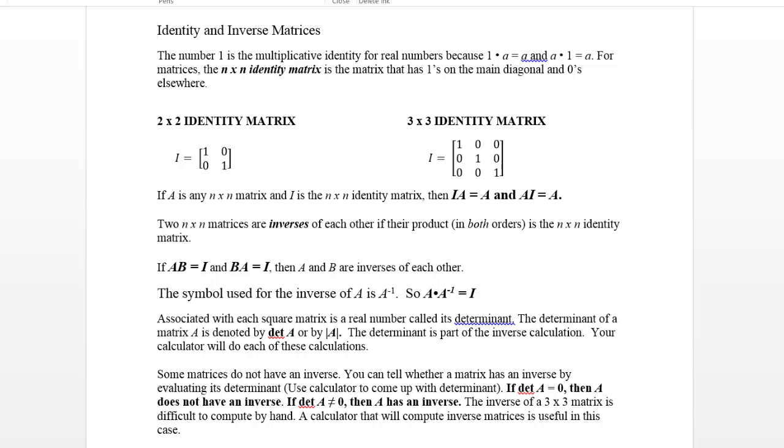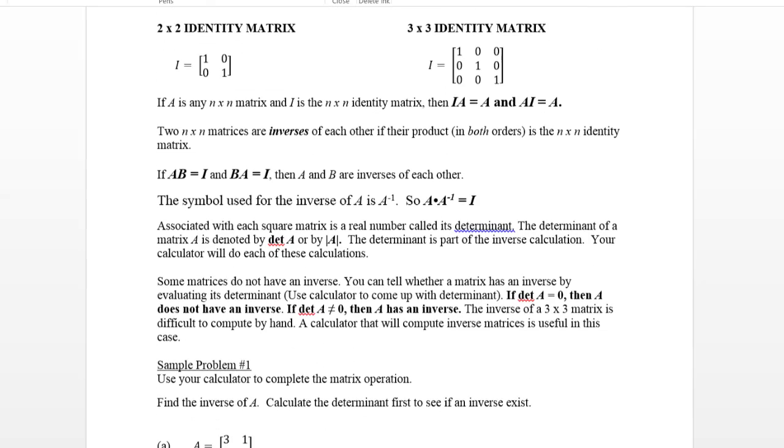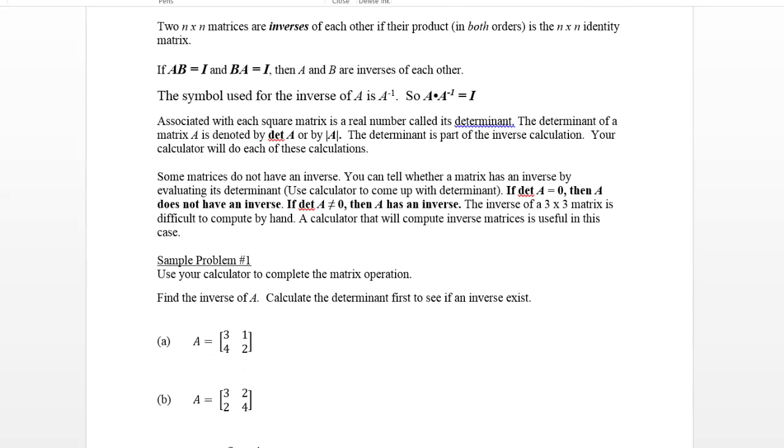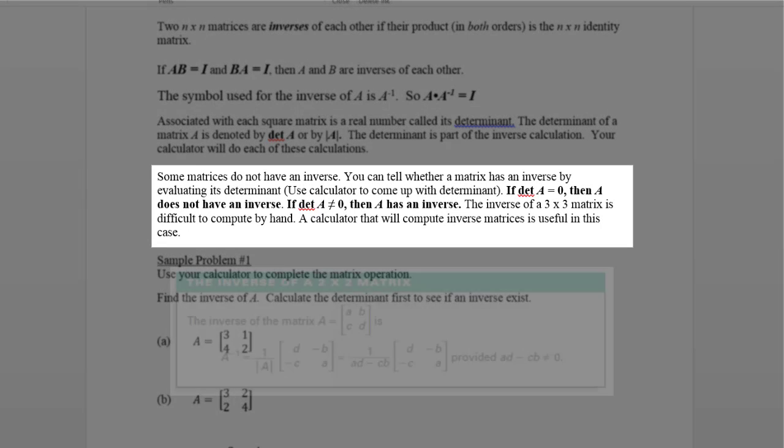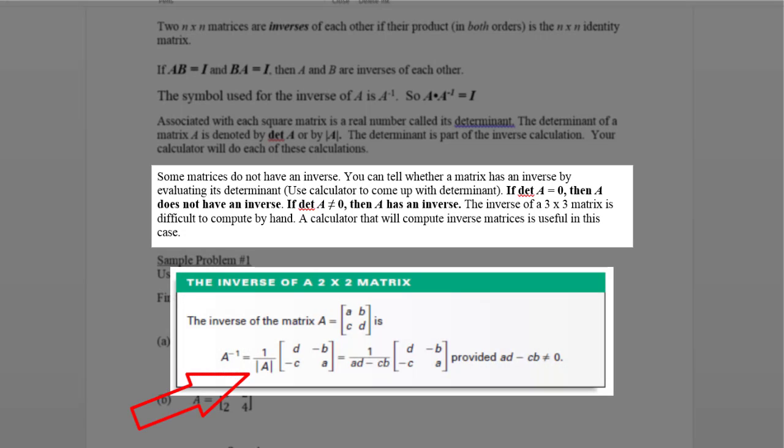Now, a new definition that you're going to see is something called a determinant. The determinant is associated with the square matrix, and we'll show you how to calculate that by hand as well. Basically, the determinant is part of our inverse calculation. If we solve the determinant, we can tell whether a matrix has an inverse or not.